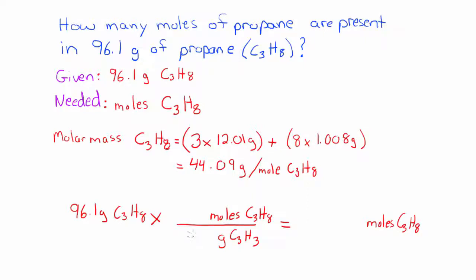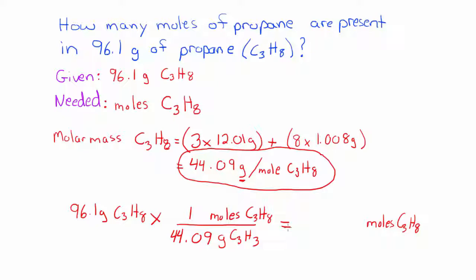So then the numbers that I put in front of these in my conversion fraction come from the molar mass now. So they come from this. There's an understood 1 in front of the mole, so 1 goes here, and then 1 mole in front of the grams should be 44.09. So then you can do that calculation.